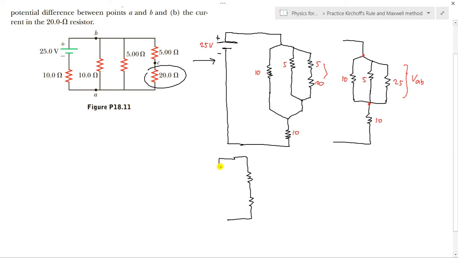Then we have a battery source here. This one is the result of combining these three resistors connected in parallel. So the R equivalent here is equal to 1 over 1 over 10 plus 1 over 5 plus 1 over 25.